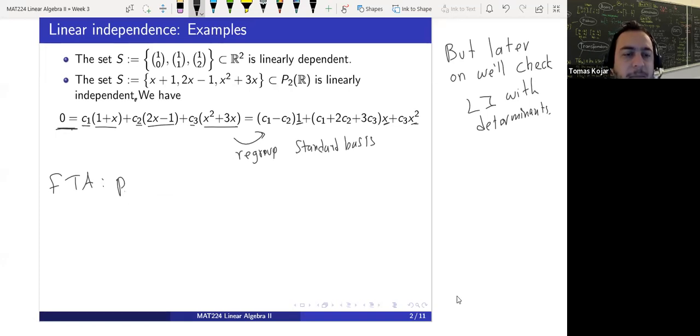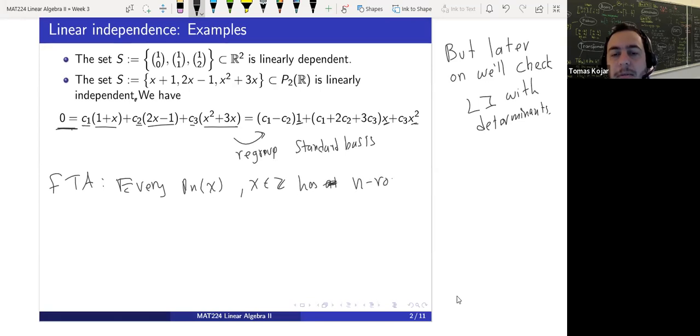Every Pn of x for x in the complex numbers has n roots, all right, with multiplicity.